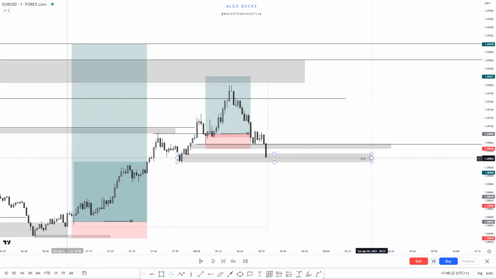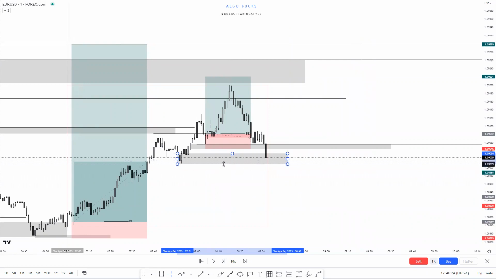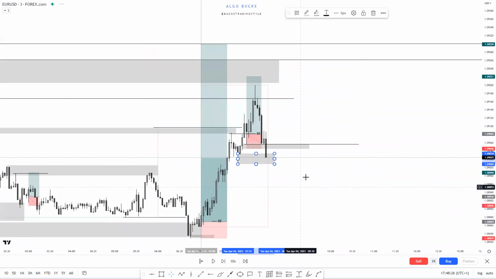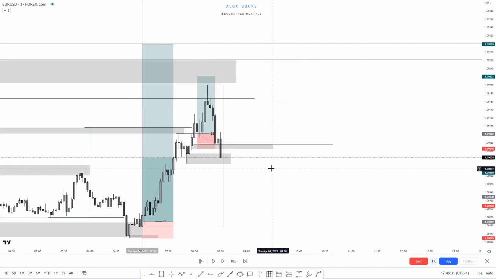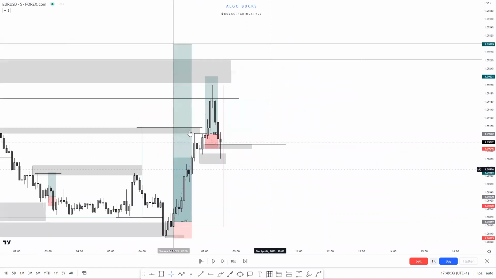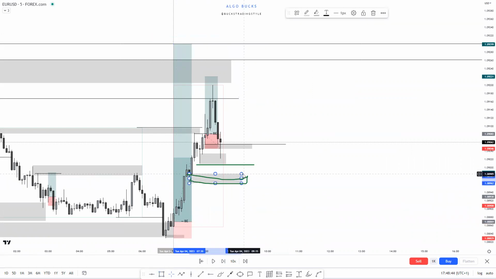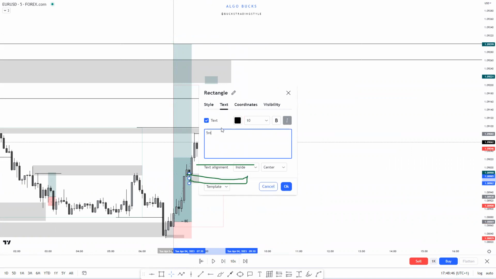The price came into this POI right here that we are looking to buy from the 3 minutes time frame. So we have ILQ, inducement liquidity mitigation on 3 minutes. On 5 minutes, this would be the liquidity on 5 minutes, and this would be our POI on 5 minutes. So we're actually going to mark this out and label this 5 minutes ILQ.